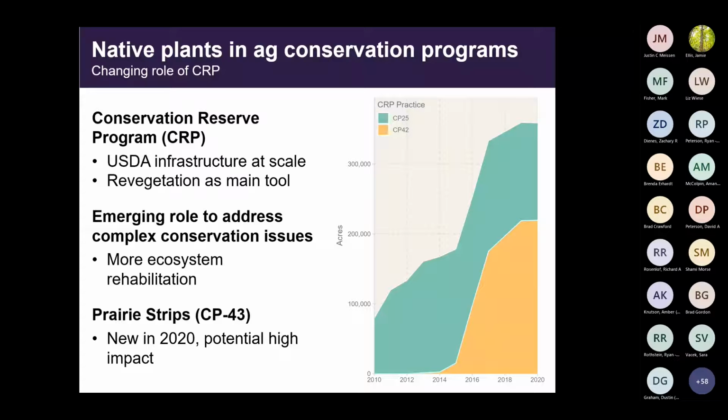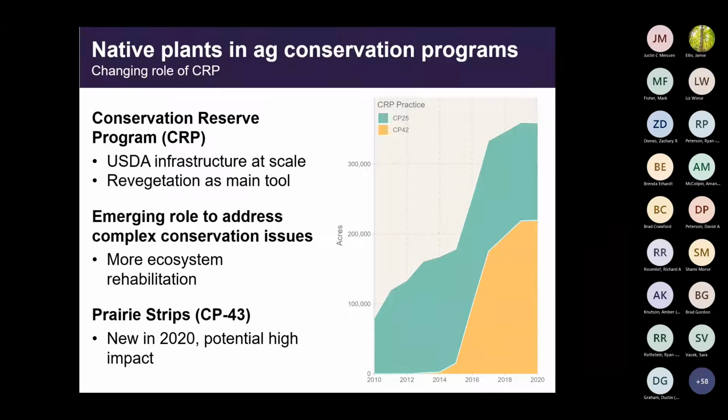Then starting with signups in 2020, we now have another USDA conservation practice, the prairie strip practice. We just talked about the use of these sort of high diversity stands, and these prairie strips are very flexible in association with that because they're very easy to integrate into farm fields.